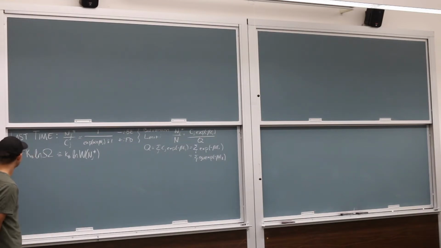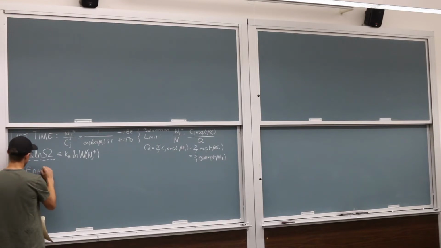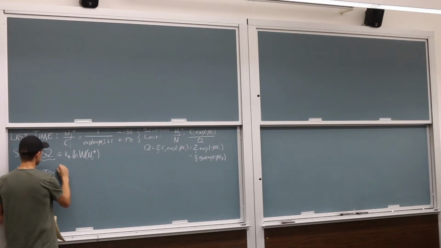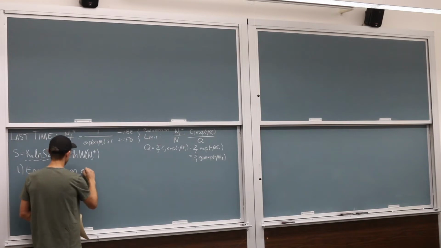But first, I figured we could go over some justification for this form for the entropy. Okay, it's not necessarily a derivation, but it would give some justification, perhaps, for why Boltzmann chose this function. So the first observation that we'll make is that entropy is an extensive property.